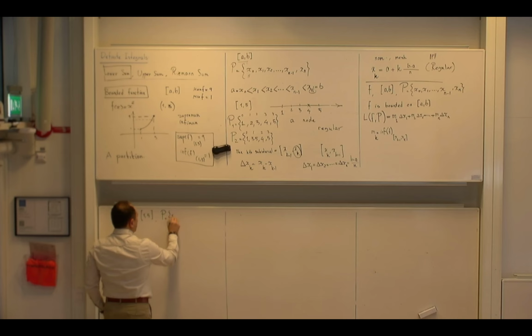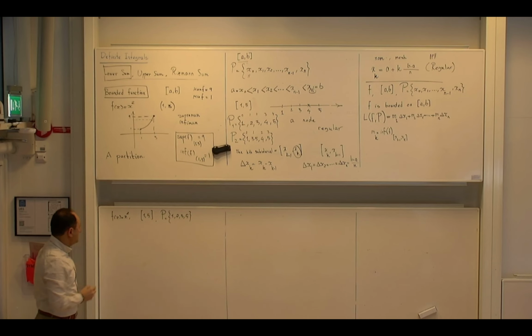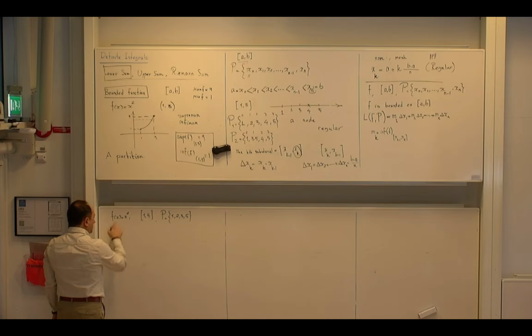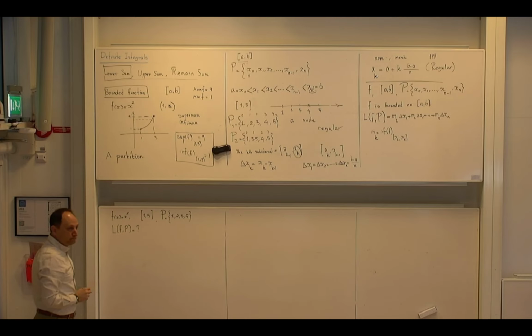So I would write 1, 2, 3, and jump to 5. That's a partition for this function on this closed interval. Now I'm asking you, let us calculate the lower sum. I want to calculate the lower sum of this function for this given partition. This is my question mark. Okay?